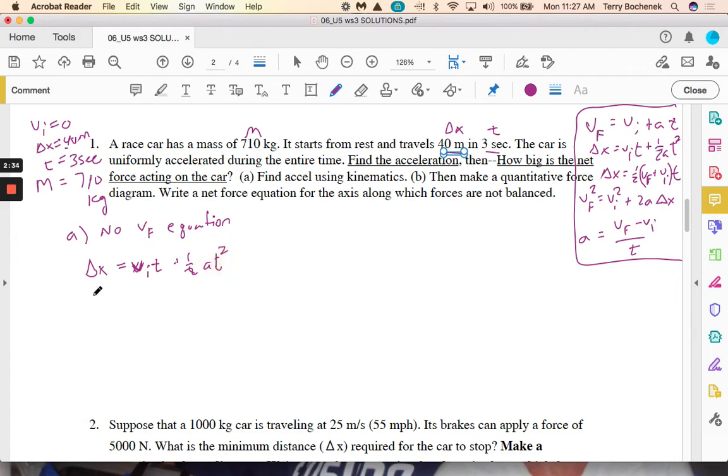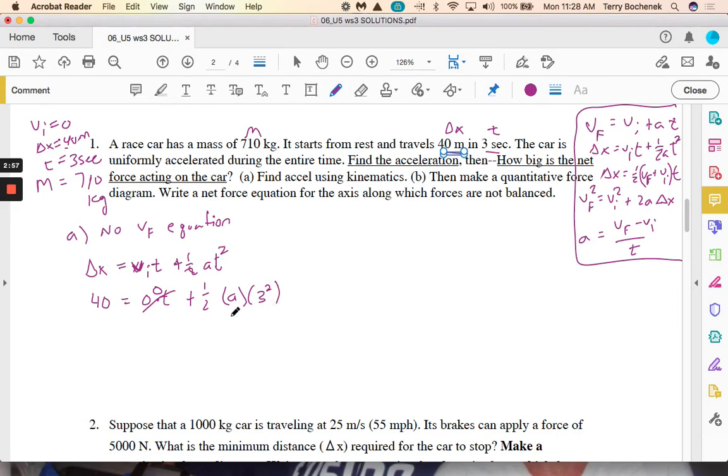Okay, so plugging the numbers in, the 40 meters is the delta x, the v initial is 0, so that times time is really going to be 0 for whatever we put in for time, and this plus 1/2 the a, and the time squared, the time is 3. So now we just do the math.